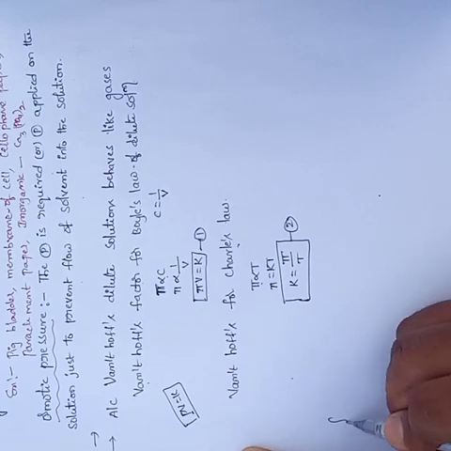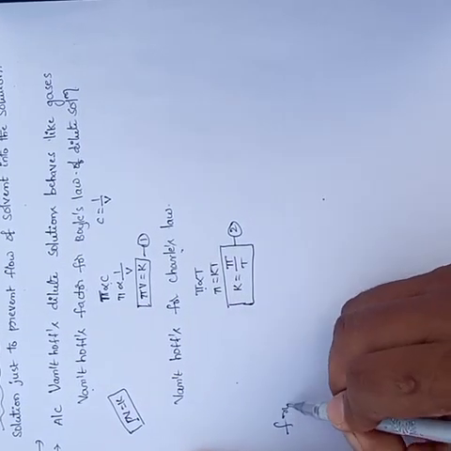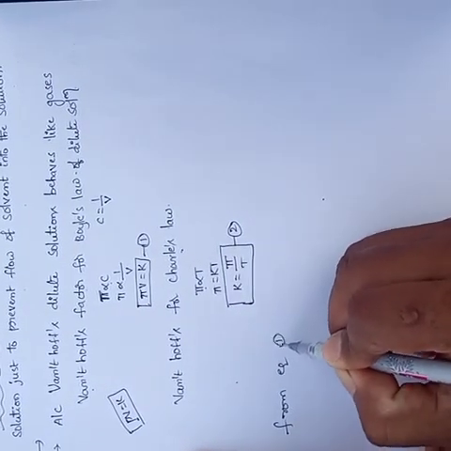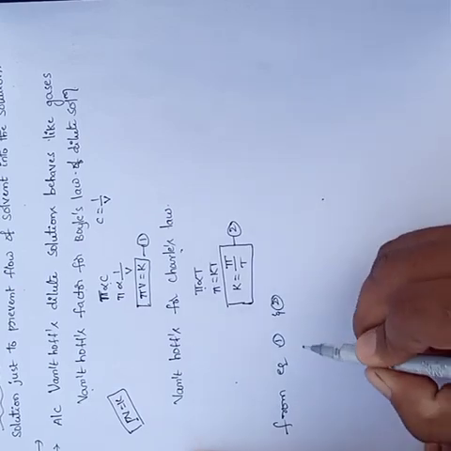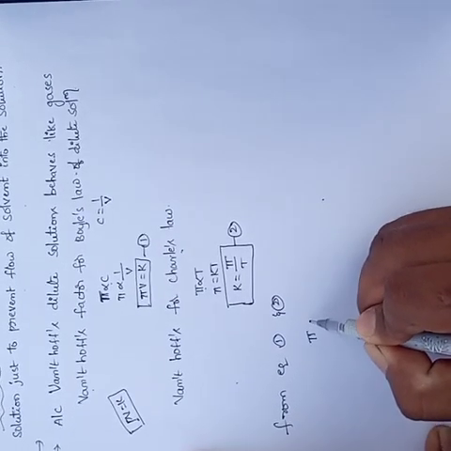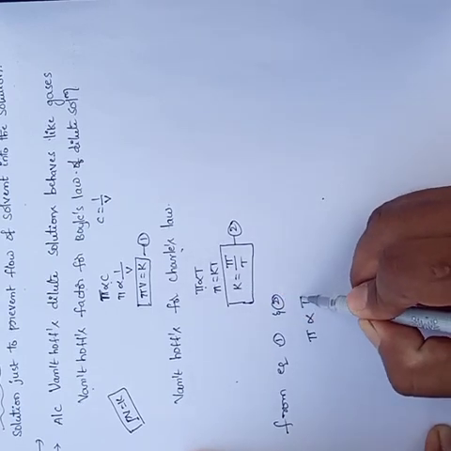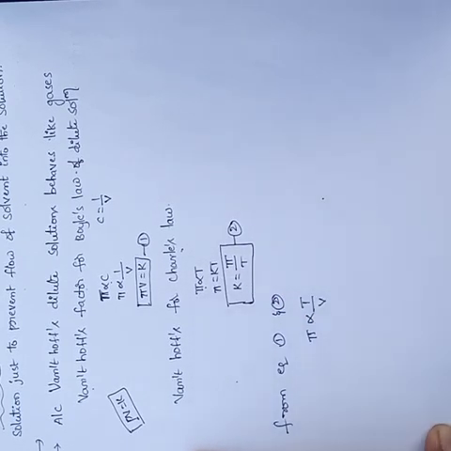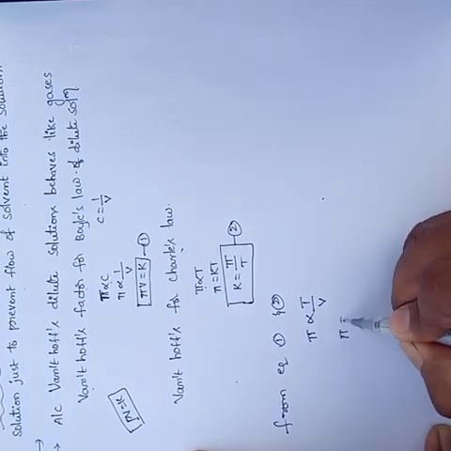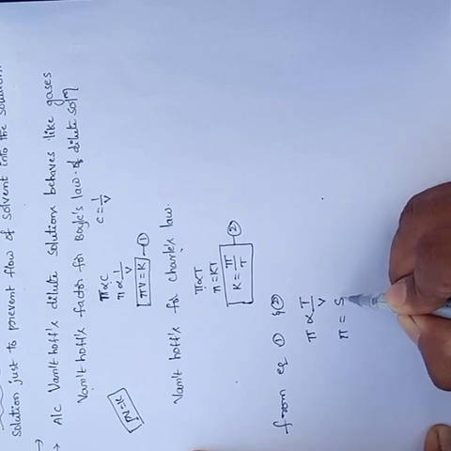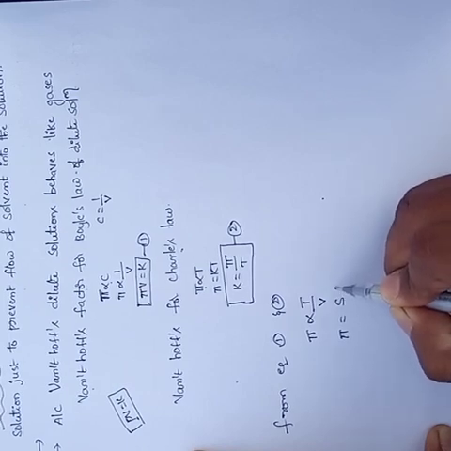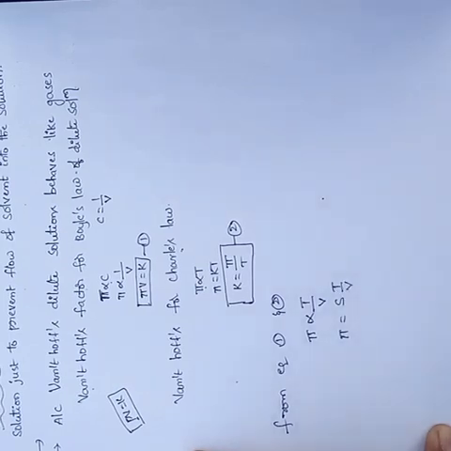From equations 1 and 2, osmotic pressure is directly proportional to the temperature and inversely proportional to what? Volume. Now if you remove the proportionality, we get one constant, that is S, in the relation with T and 1 by V.